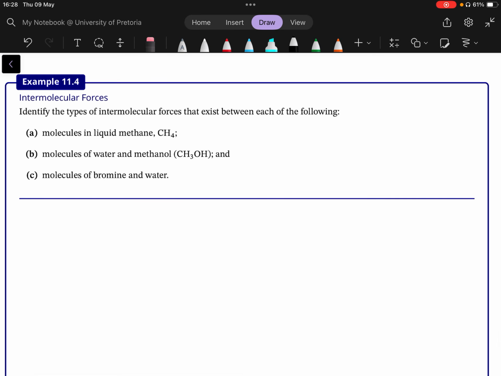All right, so let's look at a nice concluding example for this theme. Identify the types of intermolecular forces that exist between each of the following. Molecules in liquid methane. So all we have is CH4, and CH4 is a nonpolar molecule.